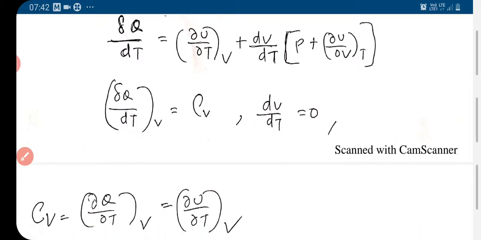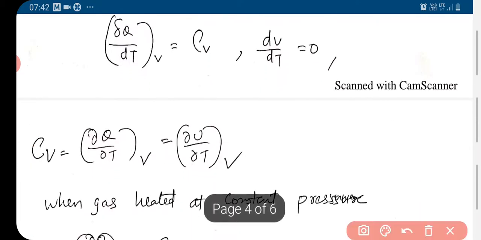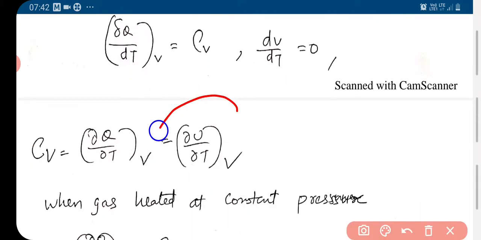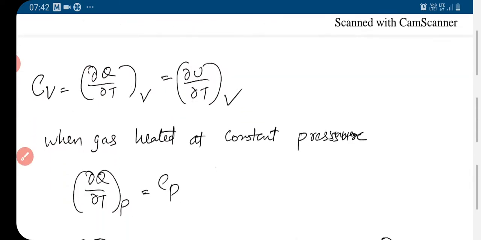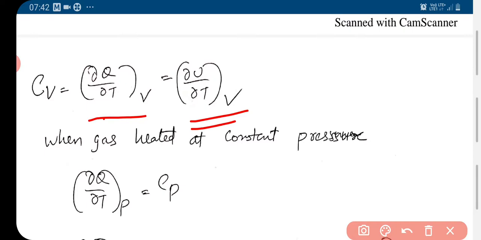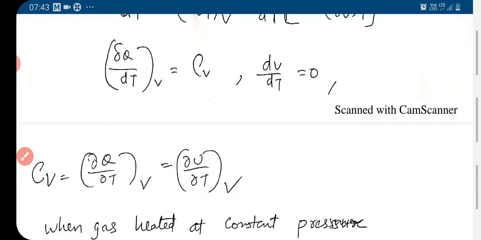So we have Cv equal to ∂Q/∂T at constant volume, that is ∂U/∂T at constant volume. The one important point is that ∂Q/∂T at constant volume is equal to ∂U/∂T at constant volume. These two are the same.